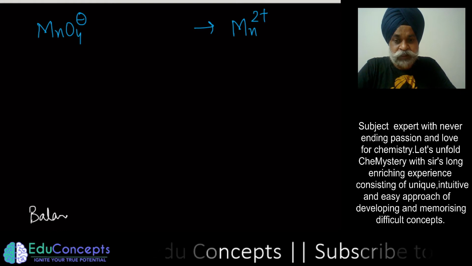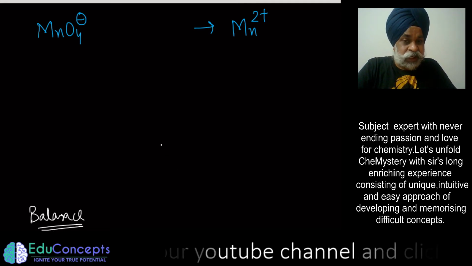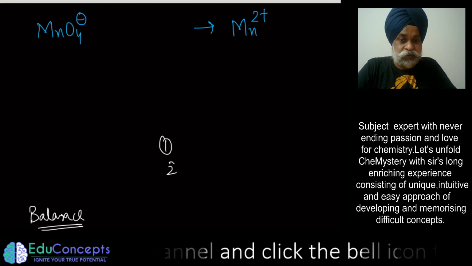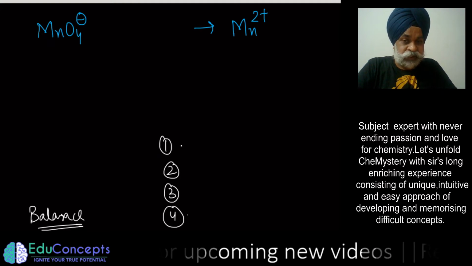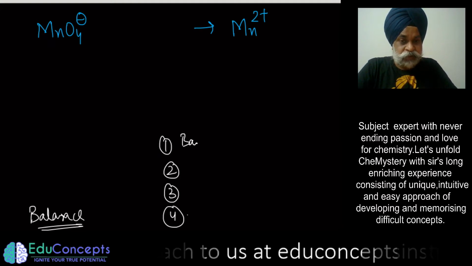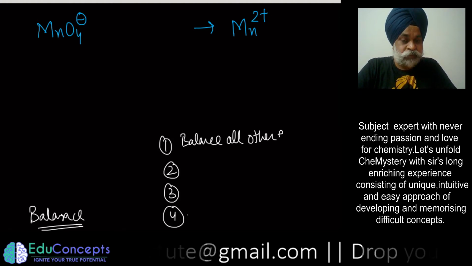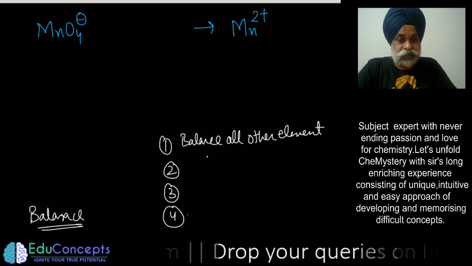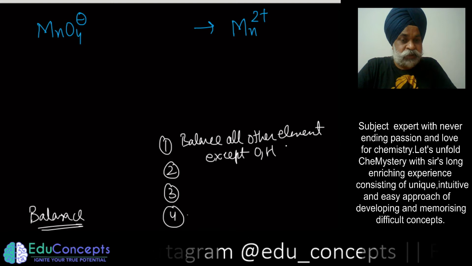In hardly two minutes I can tell you the best way to do the balancing. The best way is to balance all other elements, except oxygen and hydrogen, by hit and trial.